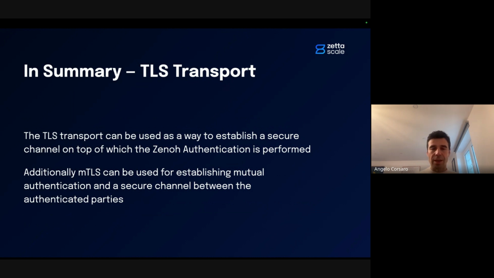I'm just using TLS to establish a secure channel with asymmetric authentication, and then I can additionally use Zenoh authentication to provide either mutual authentication at infrastructure level or between peers or whatever. Or you can use mTLS for both establishing mutual authentication and a secure channel between the authenticated parties. Okay, so those are some of the options that you have today.